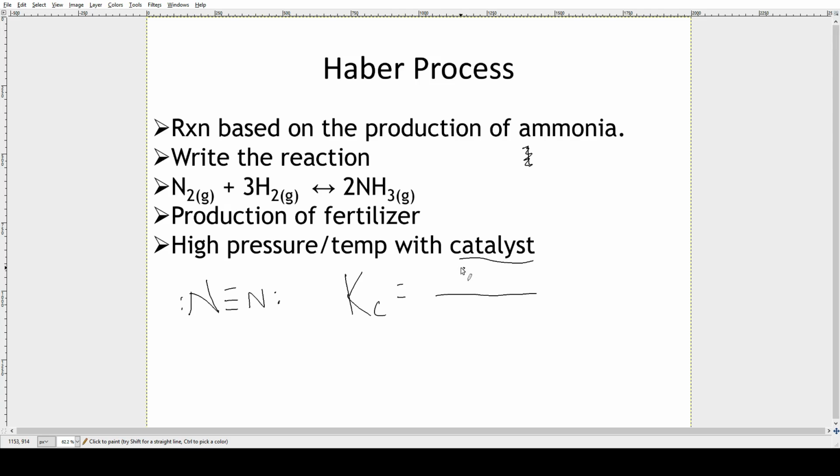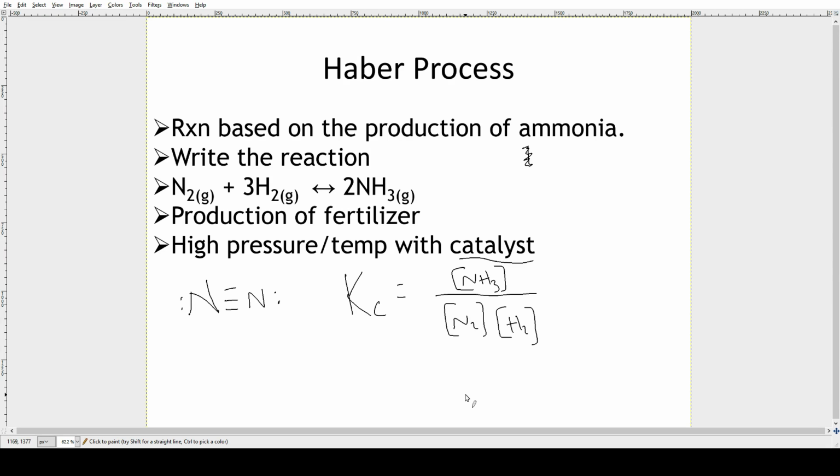So we need the concentration of NH3. That is our product. And we have our reactants. Okay, I'm going to treat you like you're in class now. Is there anything wrong with this? Yes, something's wrong with it.